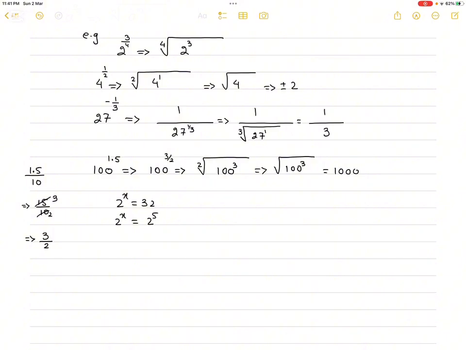So I have converted 32 into the index form, 2 power 5. So the bases on either side of the equal sign are the same. So my power becomes my answer. I can say x is equal to 5.